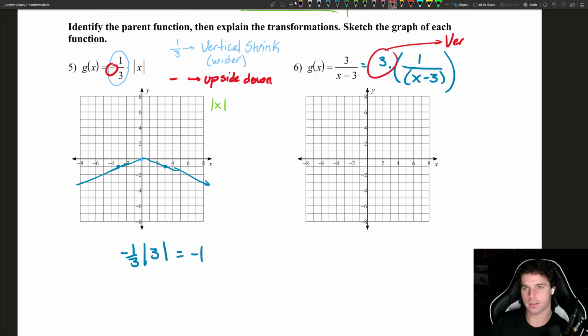We're multiplying this thing by some constant greater than 1. So this is going to be narrower, right? And again, if you just want to write narrower, that's fine, and then maybe point to that number. And then nothing else is different except it is shifted to the right 3.